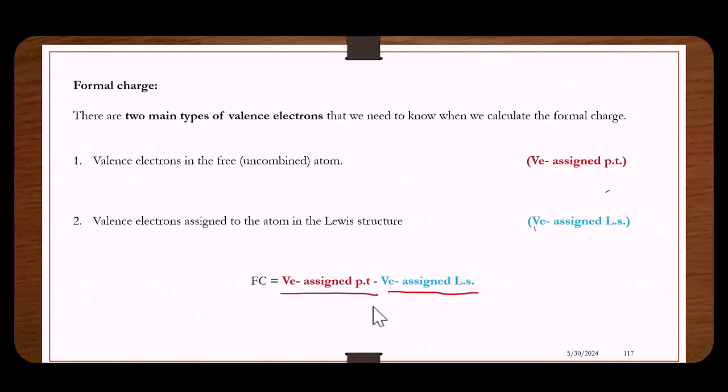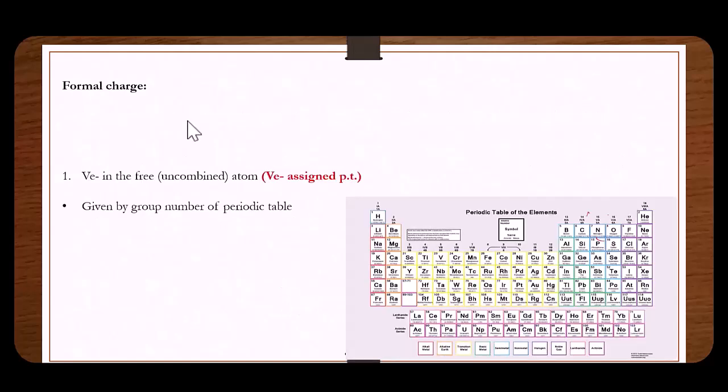Valence electrons of a free atom simply means it's an uncombined atom. It's not bonded to anything else. And we find the valence electrons the same way we do when we write a Lewis structure. We just pull up a periodic table and find what group the atom falls in, and that will give us the valence electrons of that atom, or a free atom.